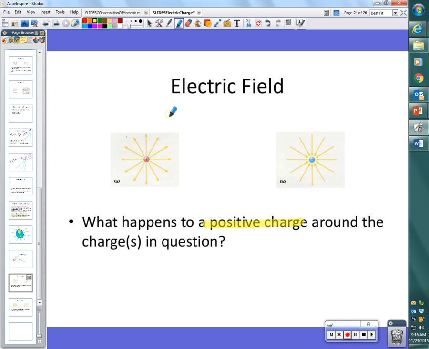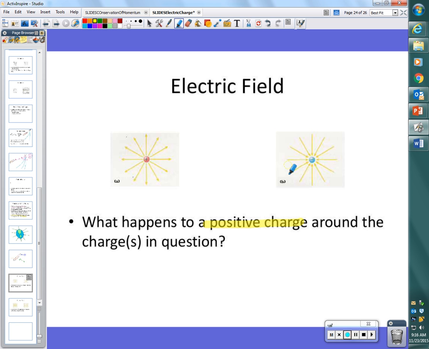What do positives do to other positives? They repel. So if you notice, all of the arrows representing the field in that location push away because positive charges would be pushed away. Remember, the field is an area. It's the space surrounding this. And if we put any positive charge in that space, it would push positively charged objects away.